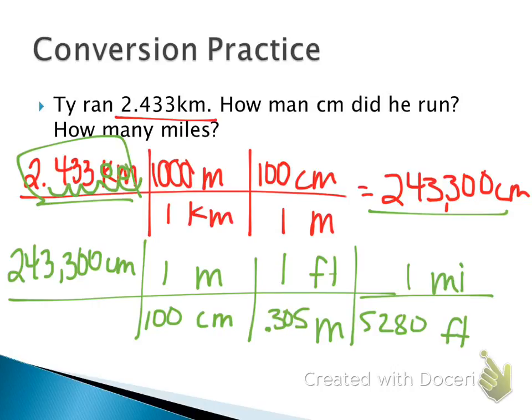You're saying there's 5,280 inches in 1 mile. You're missing the feet. Okay, did you write it all the way out? Okay. Perfect. Good job.